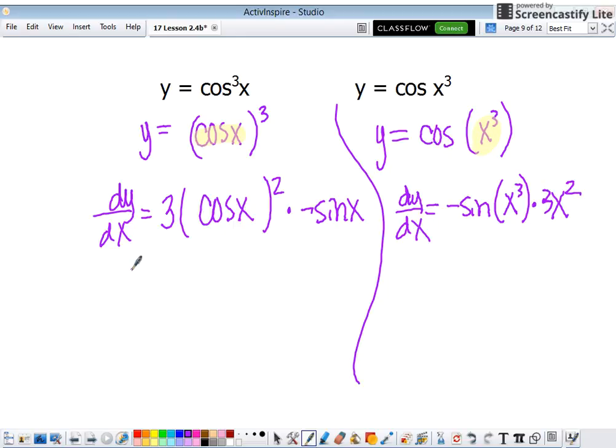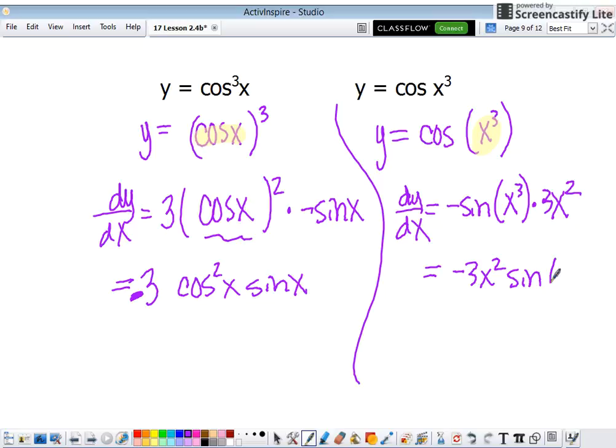Now if you wanted to simplify these and know what the multiple choice answer might look like, this would be 3. They would probably write cosine x squared as cosine squared x. They'd move the negative out here in front of the 3, and then they'd put the sine here. This is an equivalent answer. For this one over here, they'd move the 3x squared up in front with the negative, and then write sine of, and then they'd have the x cubed like that.